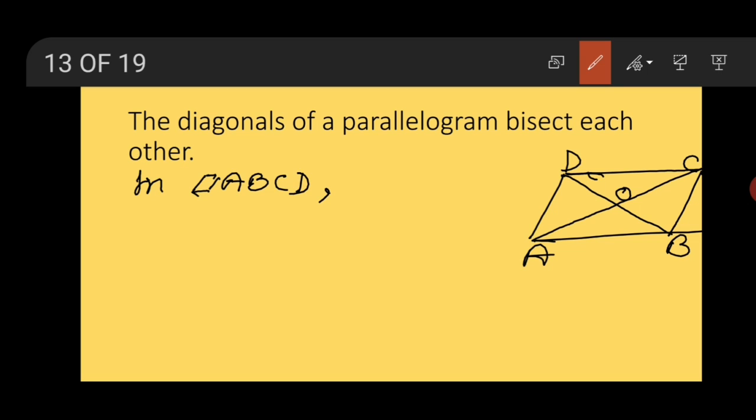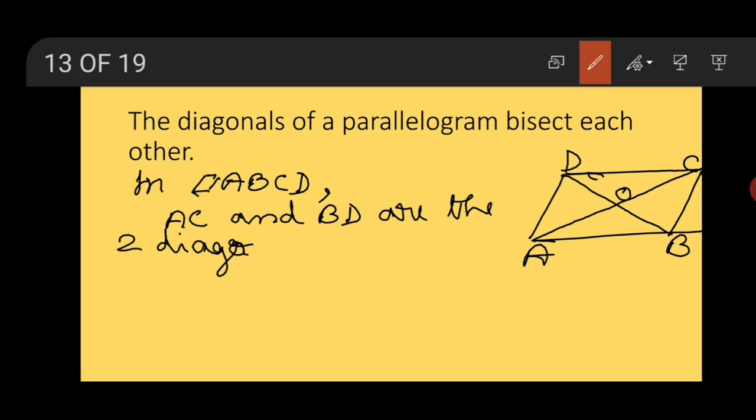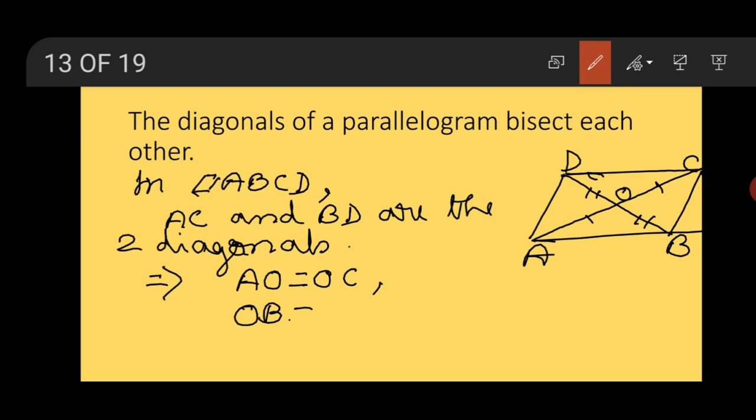Which are the two diagonals? AC and BD are the two diagonals. And they divide equally or bisect. That indicates what? AO is equal to OC, and also OB is equal to OD.